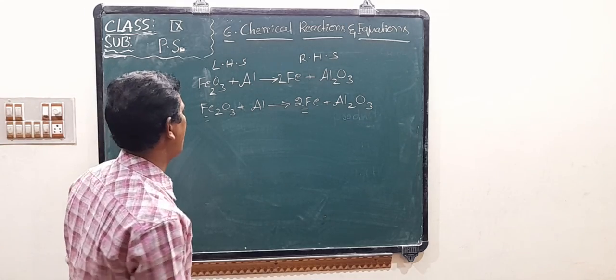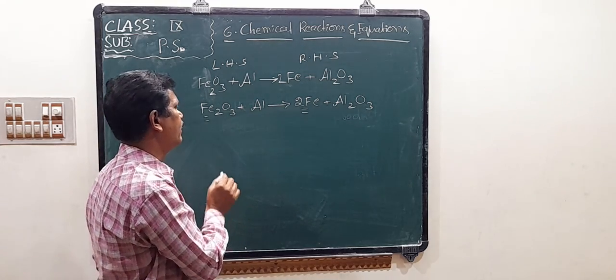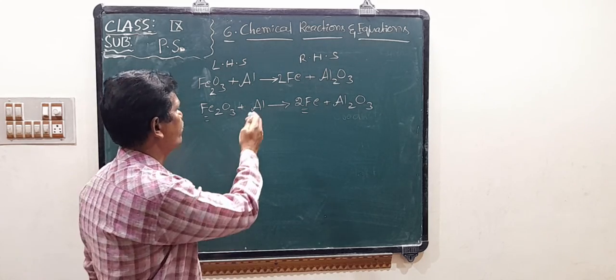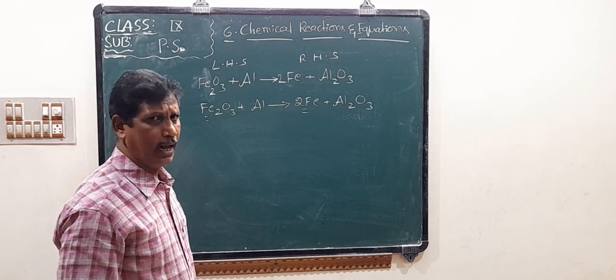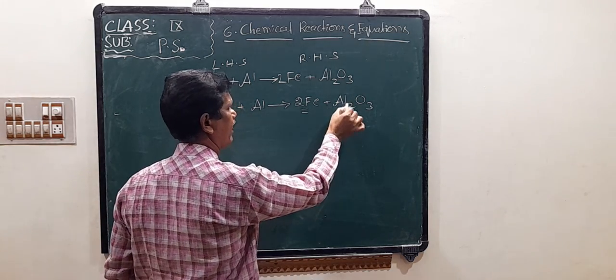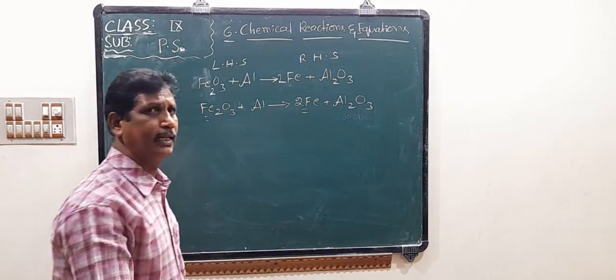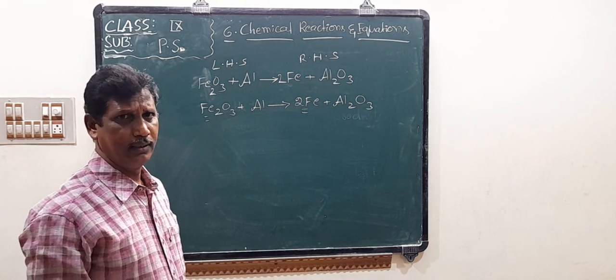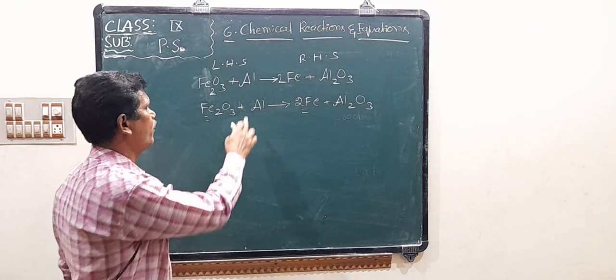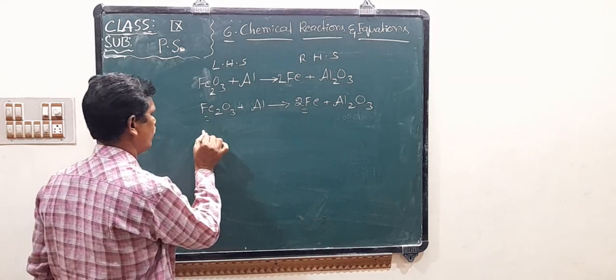Next, aluminum. There is only one aluminum atom on the reactant side, and there are two Al atoms on the product side. Now we put the coefficient 2 before the aluminum.